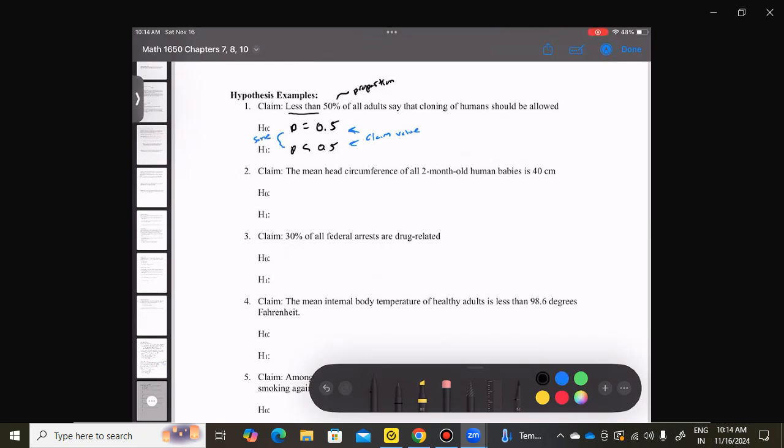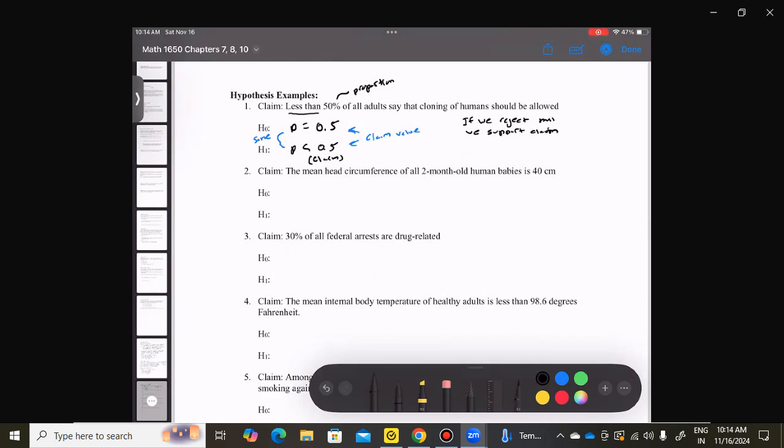Alright, so one thing that can help, especially towards the end, is to then write what the claim is. The claim itself is your alternate hypothesis. And so if we reject the null, then we are supporting the claim. So in this case, if we reject null, we support claim.